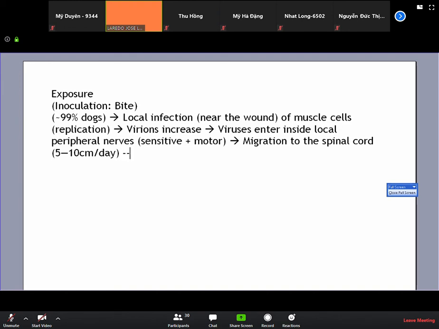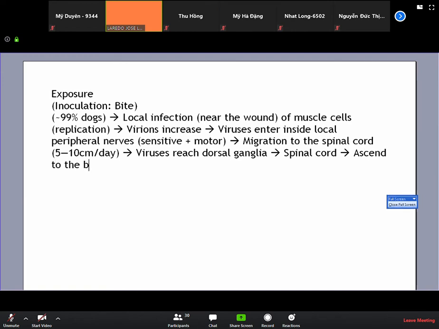So finally, the virus reaches the dorsal ganglia of the spinal cord. And they replicate here again in the dorsal ganglia. They arrive later to the spinal cord. When they arrive to the spinal cord, they can move upwards, so they can ascend to the brain. And they will infect the brain, encephalitis.